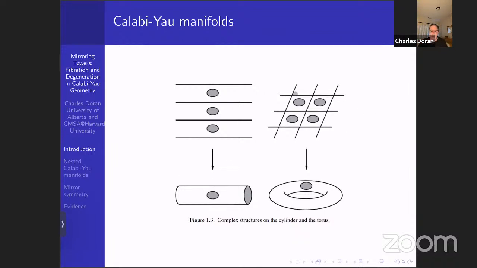And over here, we see another copy of the complex plane, this time with a sort of an angled checkerboard pattern, also being rolled up in two directions. And that gives you the topological shape of a torus, but with its complex structure inherited from the complex plane. I should mention both of these objects down below are Calabi-Yau manifolds. They're just particularly simple ones.